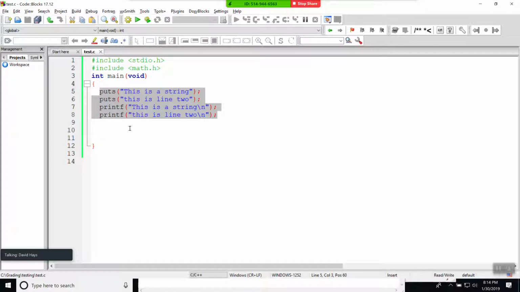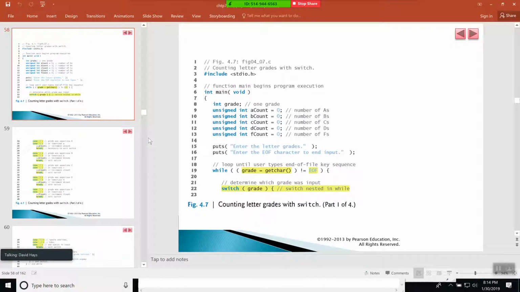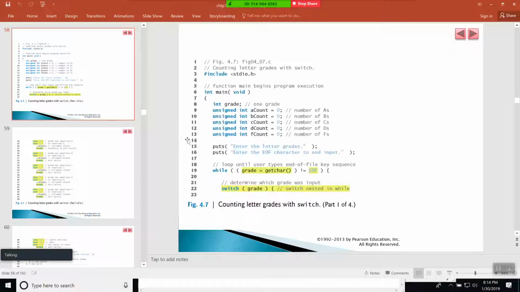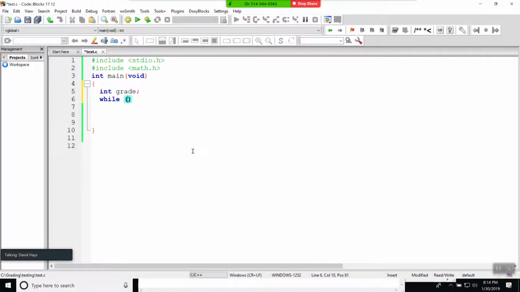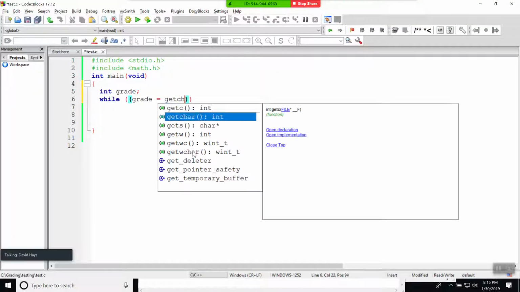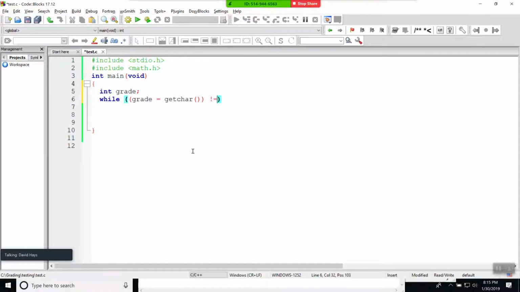So if I have a while statement here, and integer grade, and we're going to check while grade equals getchar, not equal to end of file.